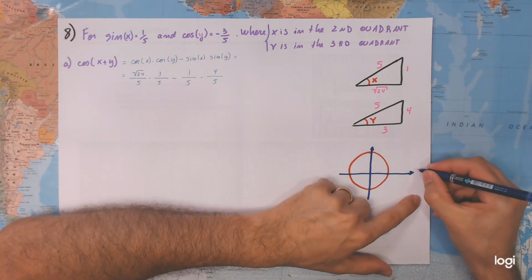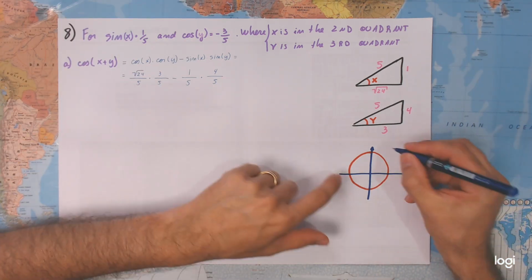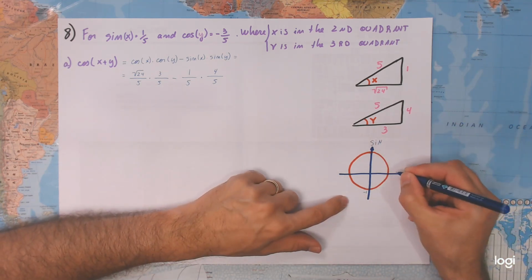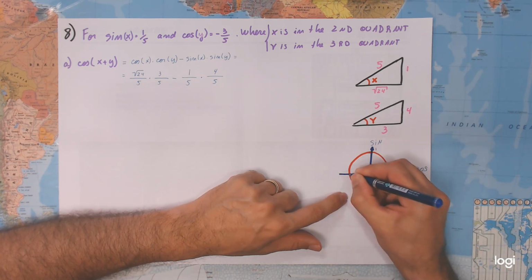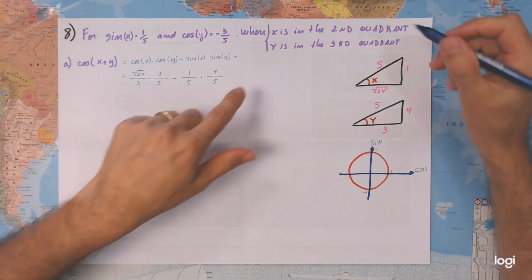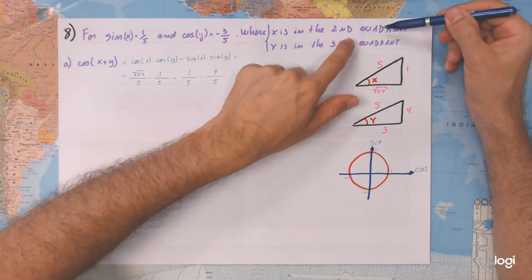Here is the cosine, here is the sine, this is minus 1, 1, 1, this is minus 1. Remember this? Okay. And why is he telling us in which quadrant?